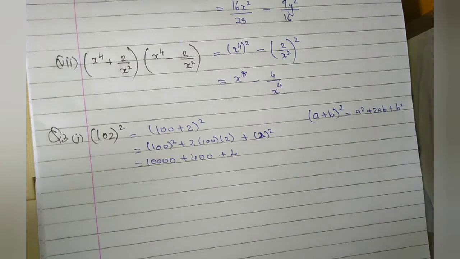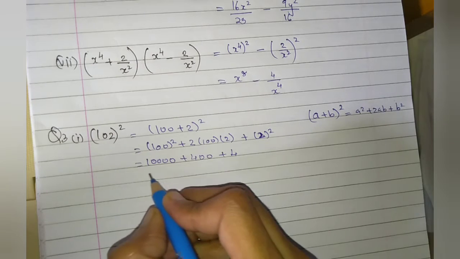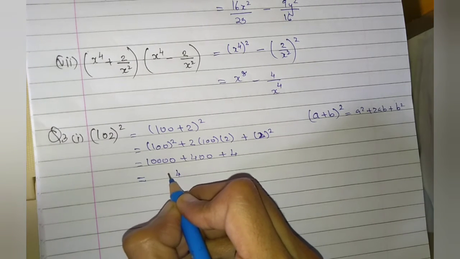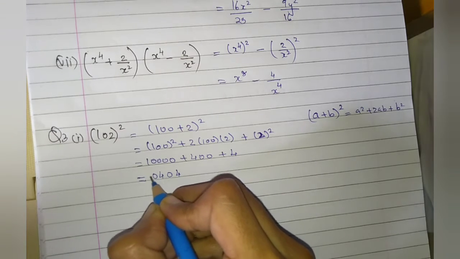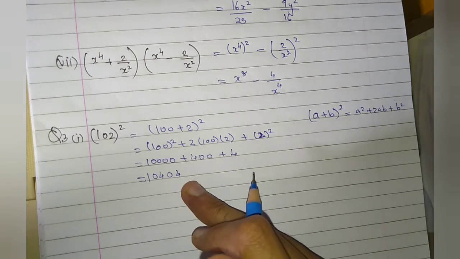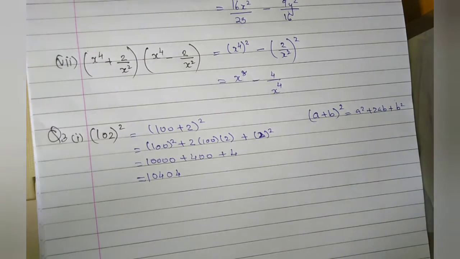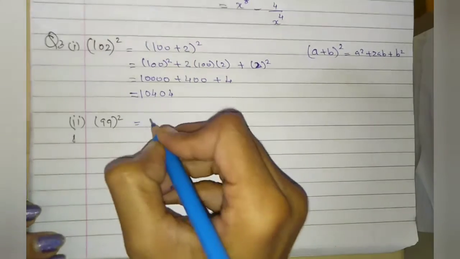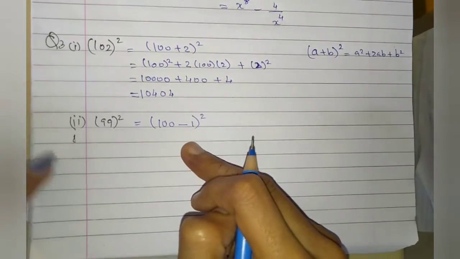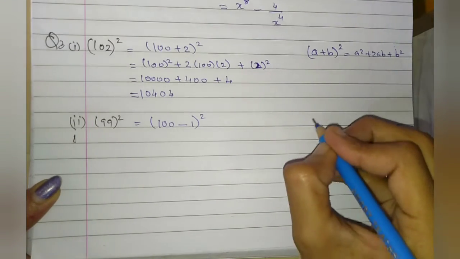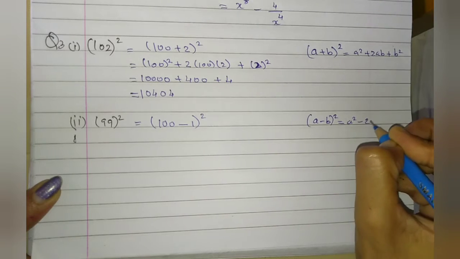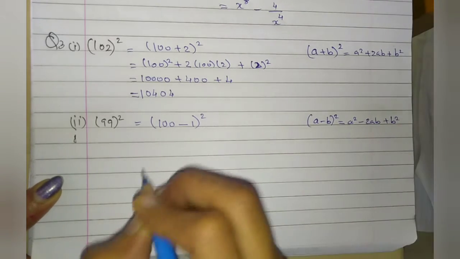Now we have to evaluate this, so we will add it, and it equals 10404 is the answer. Now 99 square. So we will write 99 as (100 − 1) whole square. So we can use (a − b) whole square equals a square minus 2ab plus b square.